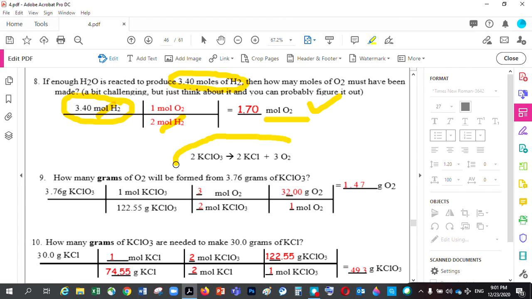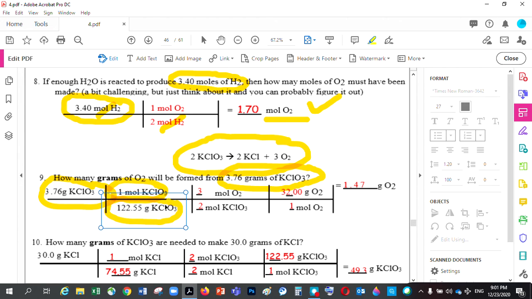Now let's look at our old example here. How many grams of oxygen will be formed from 3.7 grams of potassium chlorate? Well, you start with whatever is given to you. That's always the key. I have to get rid of the grams by dividing by the molar mass. This is the molar mass, grams per mole, correct? So the gram cancels out with the gram. Then I need moles of oxygen, because I'm looking for oxygen.